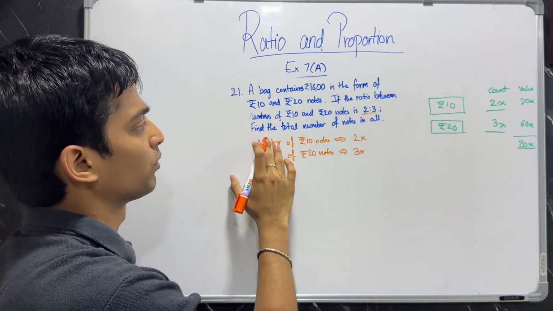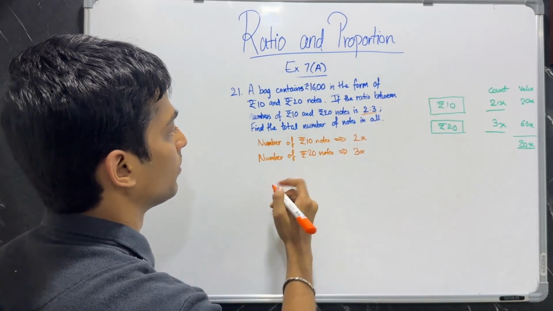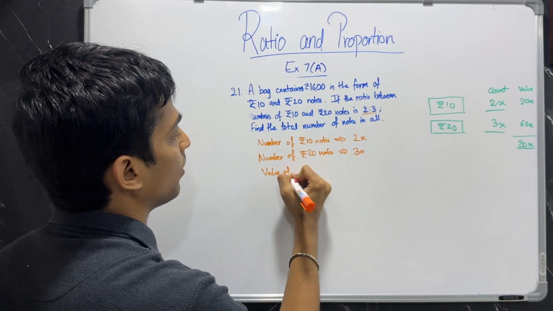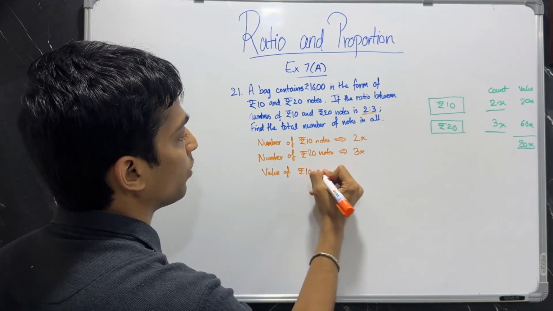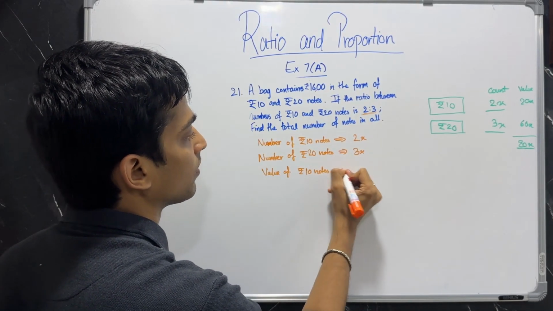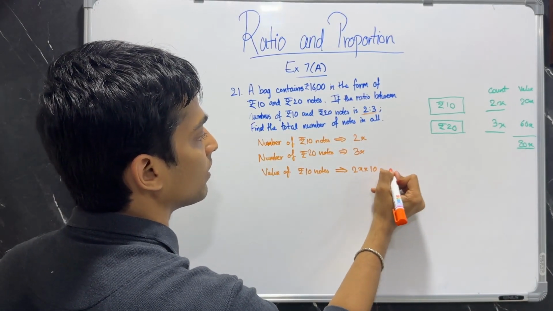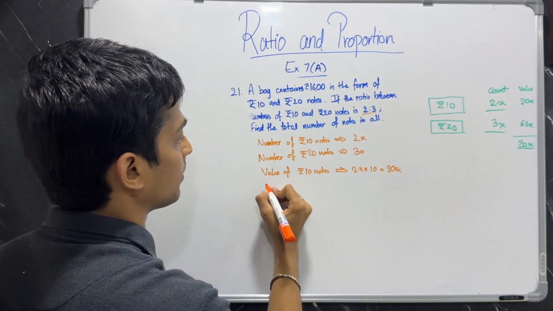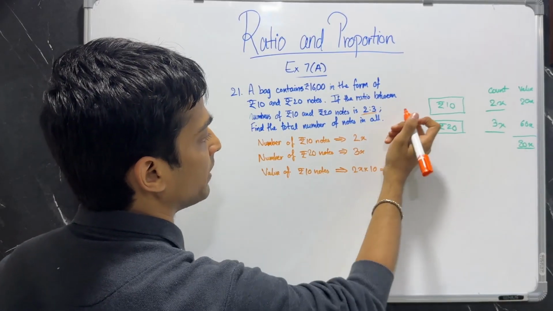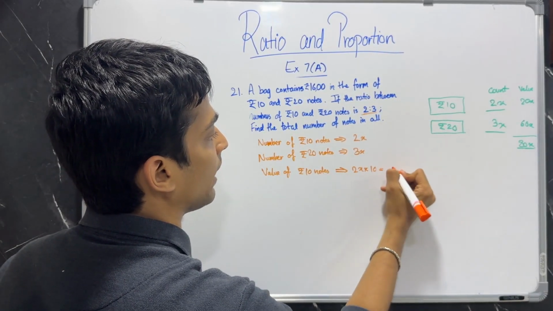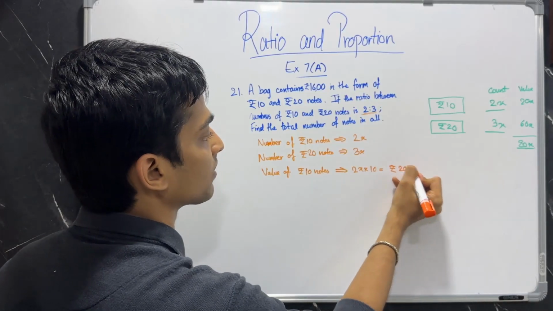Now we have to find the value. Value of 10 rupee notes will be 2x multiplied by 10, which is 20x rupees. So this will be rupees because it's the value. So rupees 20x.